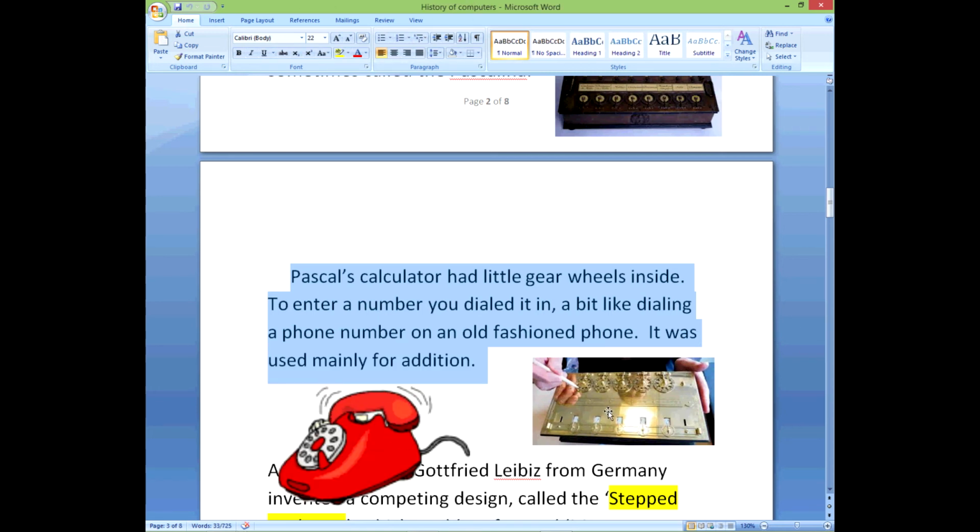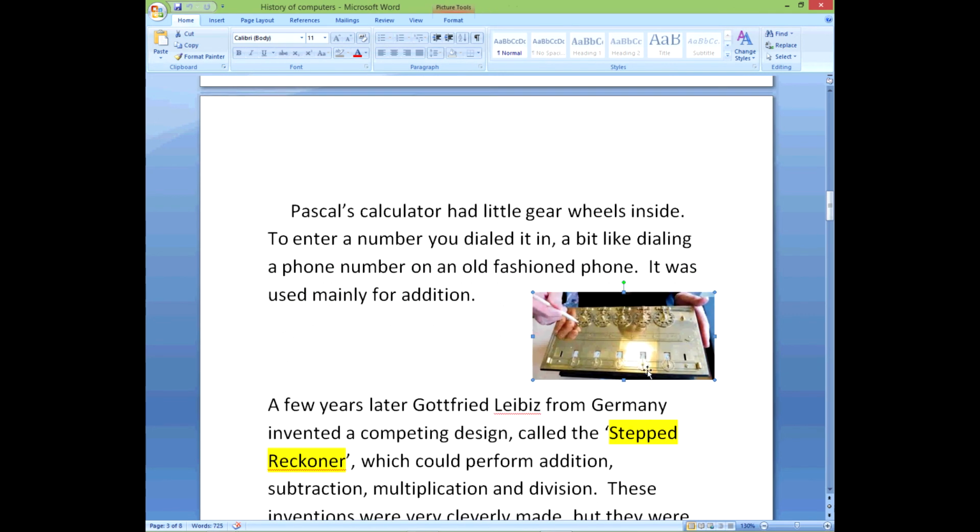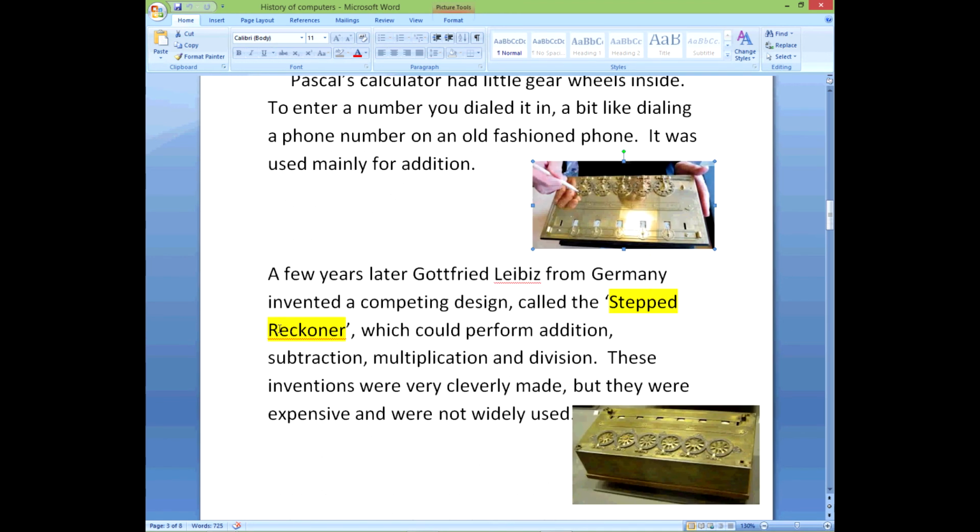I'll find one and put it in for you. Okay, so you would dial in these numbers and then it will tell you the answer up top. People used to hire him to make them, but it would be kings, nobles and so on who could afford that.